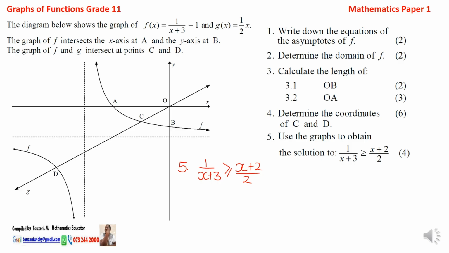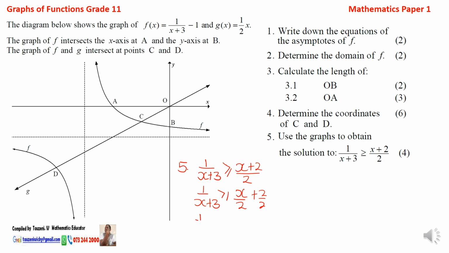So on my left is 1 over (x plus 3). Then this is greater than or equal to. We have got a fraction here. Fractions can be added if the denominators are the same. That allows us to separate this fraction into two different fractions: x over 2 plus 2 divided by 2. And 2 divided by 2 is 1.